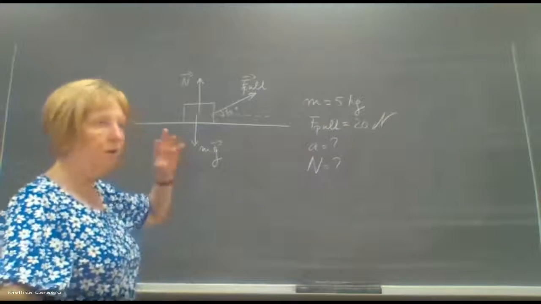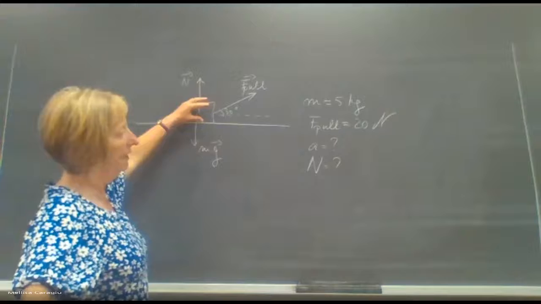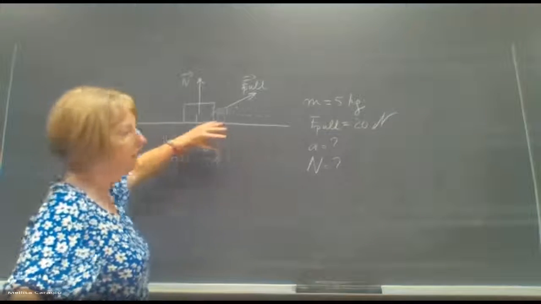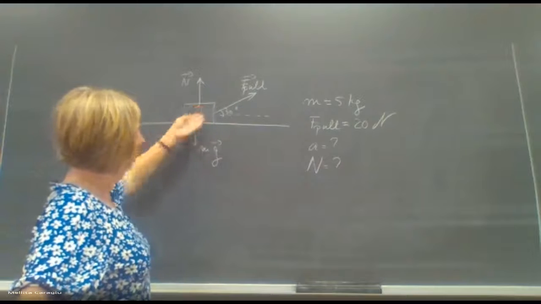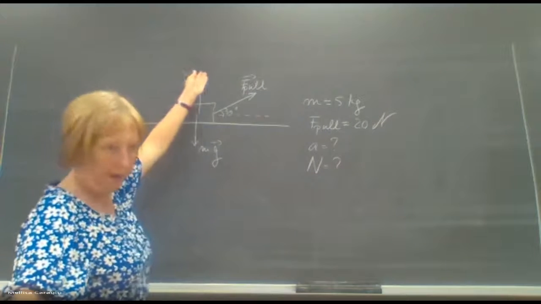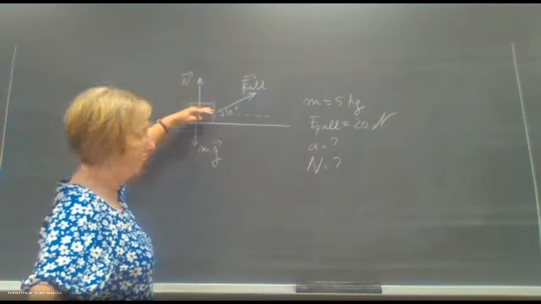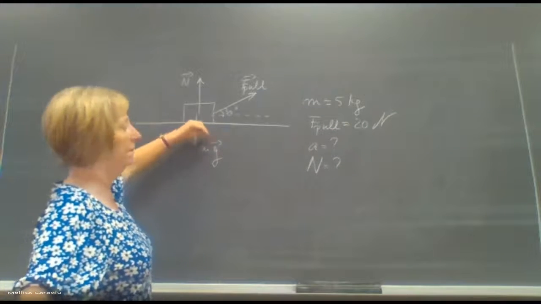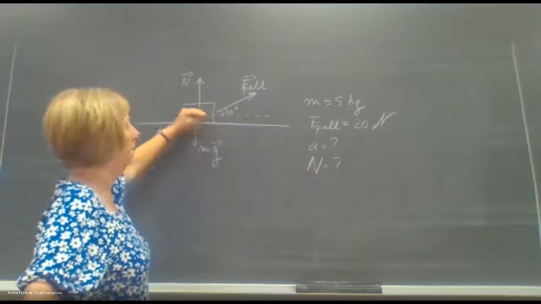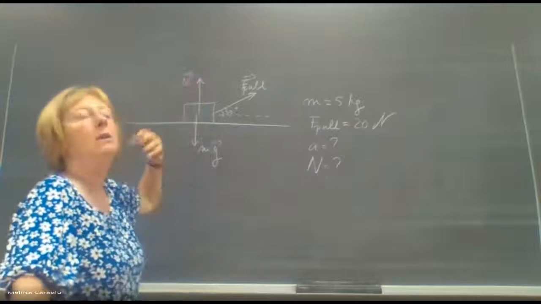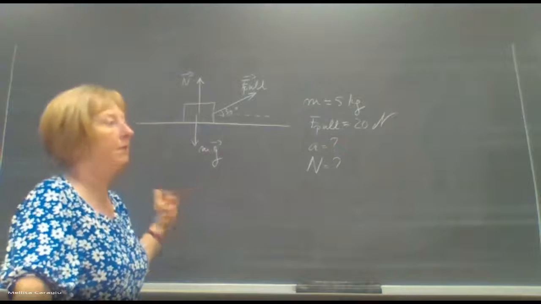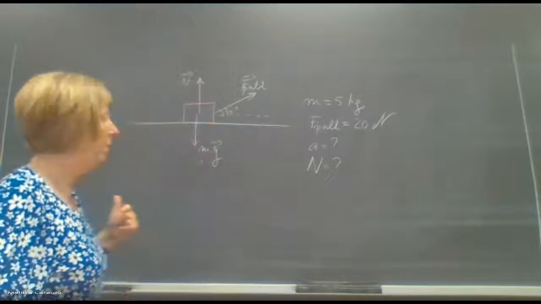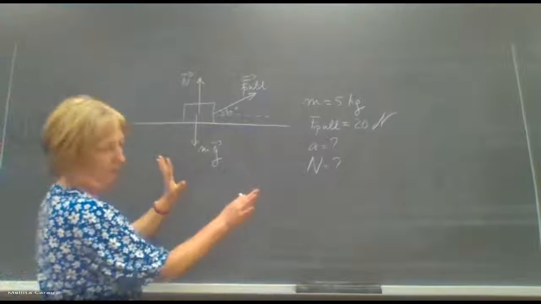Let's recall the normal force is the force that the substrate, the surface, exerts upon the object. And why? Because the object presses on the surface, and the reaction is that the surface acts upon the object with a force equal in magnitude and opposite in sense, and that's the normal force. And these are all the forces.